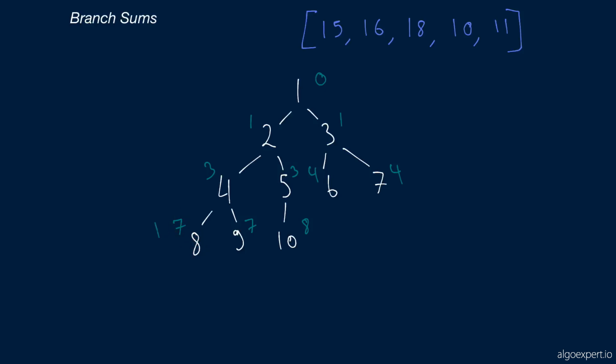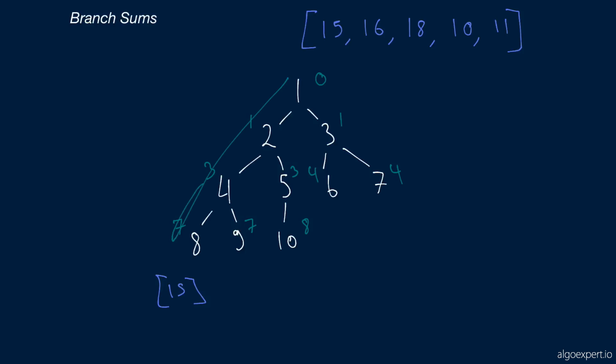So 8 plus 7, this is going to be 15, and we're going to add that to a list of sums that we might be passing down as well. I'll probably be passing down, at every recursive call, a little array of sums that starts out empty, but suddenly once we are here at the 8 and 7, this array of sums, we add 15 to it.